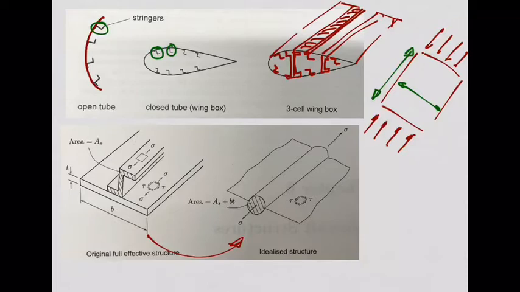Now, we also need to do a simplification on the stress. For example, the skin in the real structure will carry direct and shear stresses. Direct stresses from bending, shear stresses from transverse shear and torsion. In the idealized structure, the skin will only carry shear stresses. Okay? But you might be thinking, okay, but the wing is also in bending.